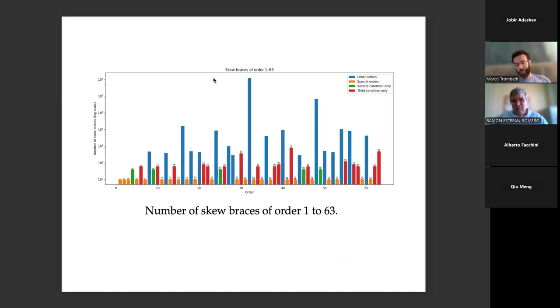But of course, for example, for order 64, we don't know the number of groups of order 4096. Perhaps if you consider the semi-direct product of the multiplicative and the additive group, you get a group of this order.